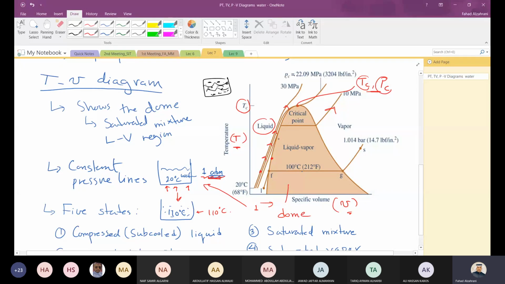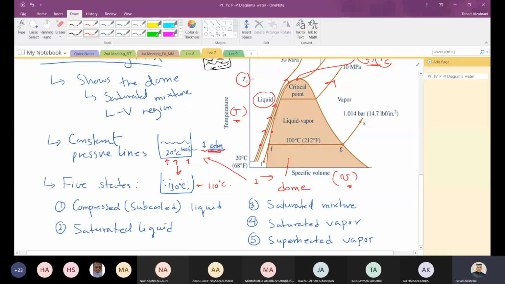Then we have this saturated liquid line on the left side of the dome. This is the saturated liquid line, which is at the saturation temperature and pressure, but we still have 100% liquid. So this is the second state.